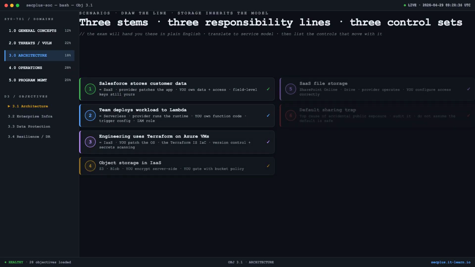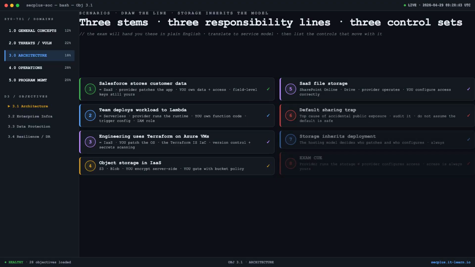Scenario 3, quote, engineering uses Terraform to deploy VMs in Azure, end quote. Service model is IaaS. You patch the operating system on those VMs. The Terraform code itself is IaC and lives in version control with secret scanning. Three different scenarios, three different responsibility lines, three different control sets. The exam will expect you to draw the line correctly every time.